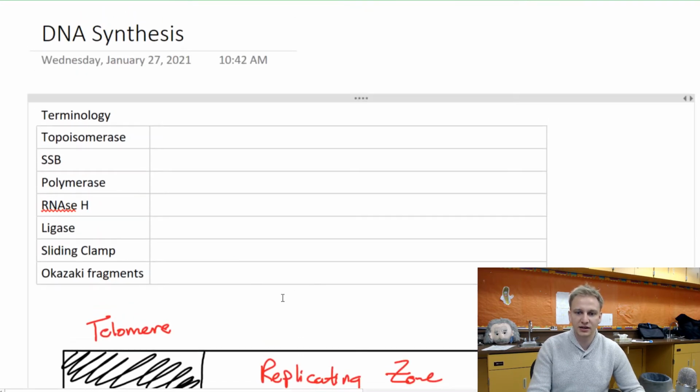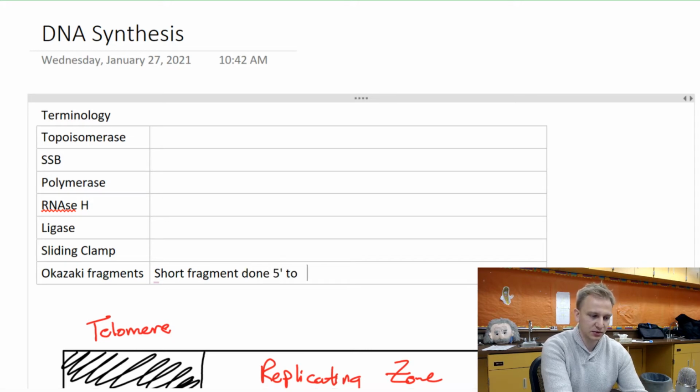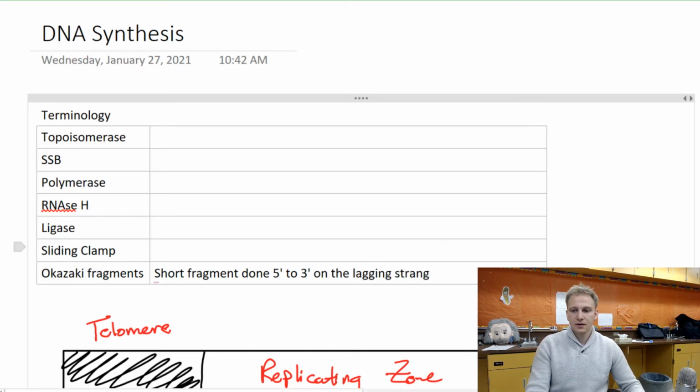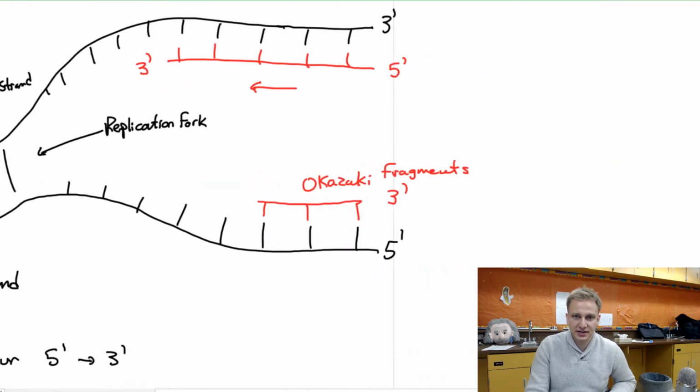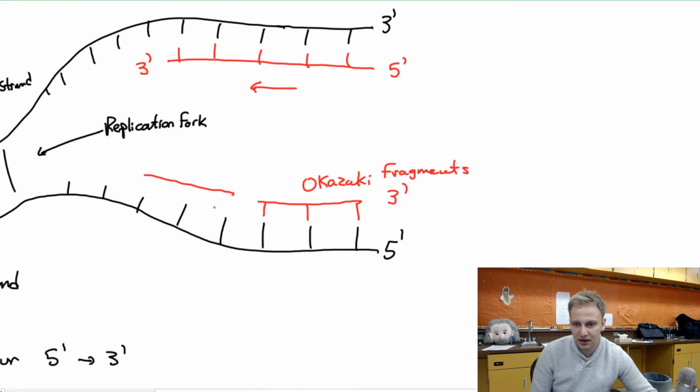And we'll add that to our list of terms up at the top here. An Okazaki fragment is a short fragment done 5' to 3' on the lagging strand. And so the reason that this is called the lagging strand is that this strand will slowly but surely build up a couple Okazaki fragments, and they'll all travel in this direction.